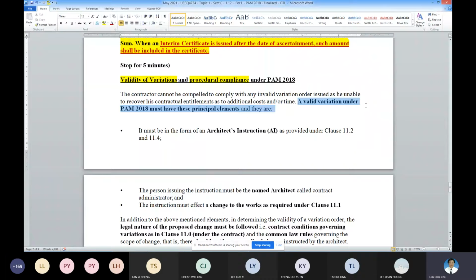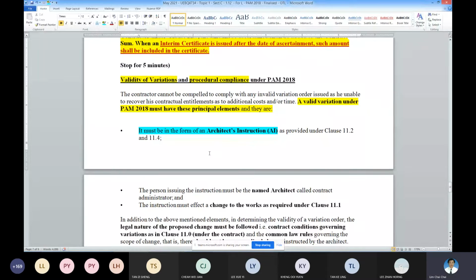How can a valid VO be issued? So these are the items that you must have. Number one, it has to be an AI from the architect. Under PAM, it must be AI. It cannot be EI or whatever. It has to be an AI, architect's instruction, because under PAM, the architect is the party, because that document is specifically drafted, standard form, for the architect.